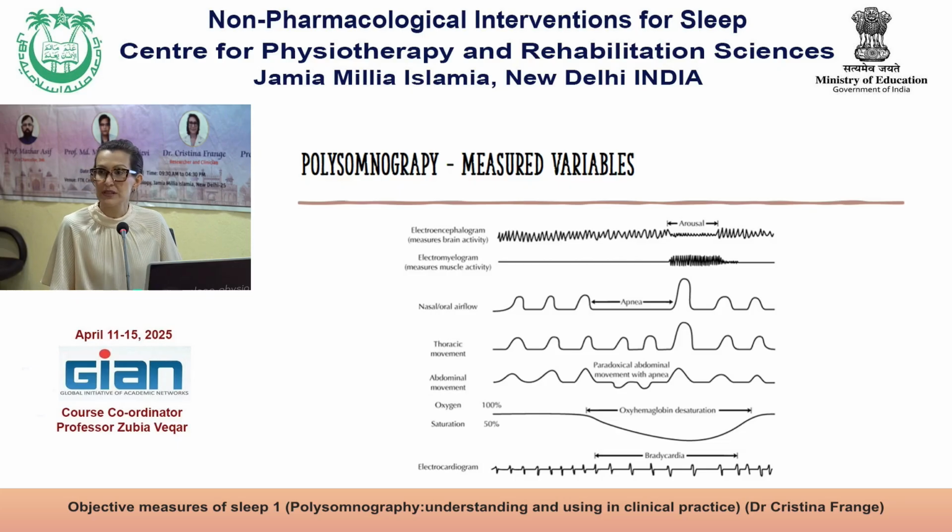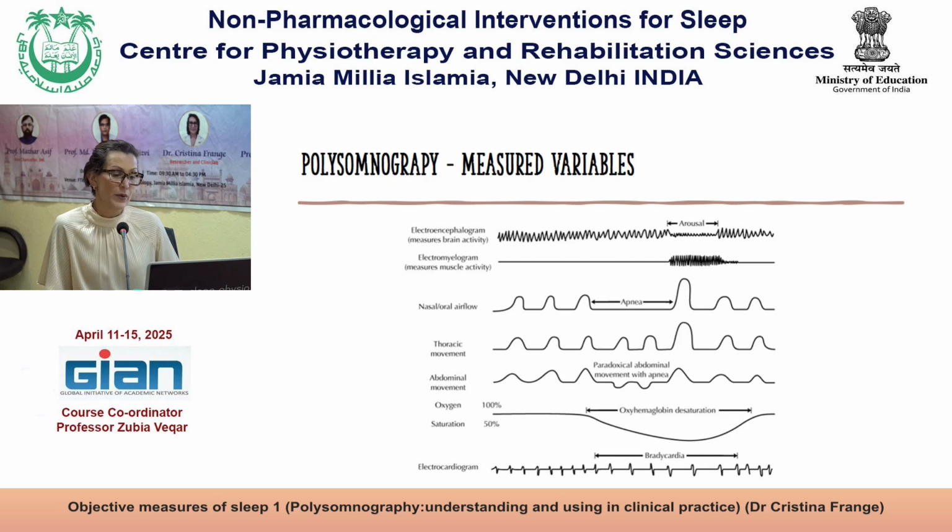When we have a burst of muscle activity, can be the legs or can be the chin in this example, we have like this thing showing up here. This is very common in the bruxism and PLMS exams.